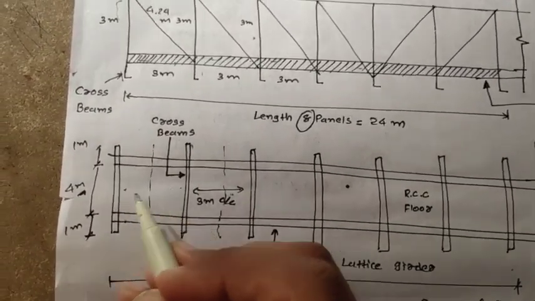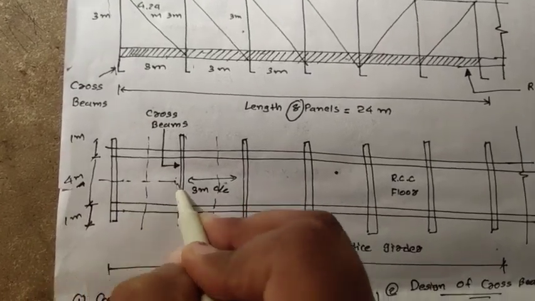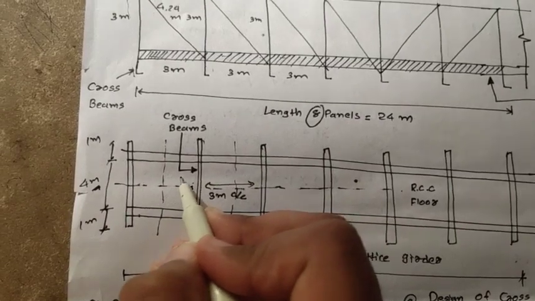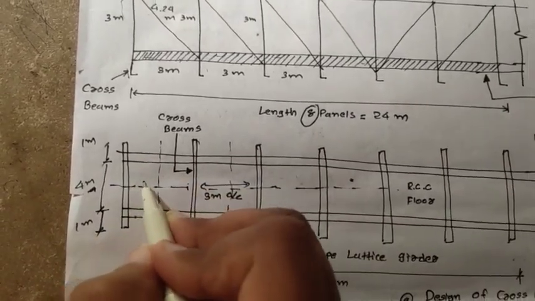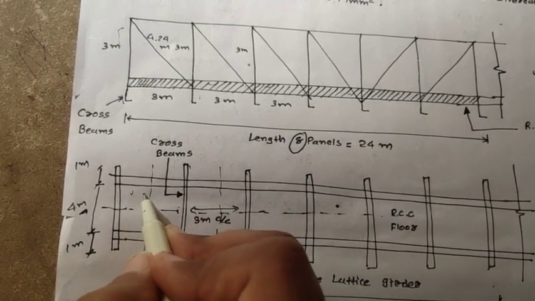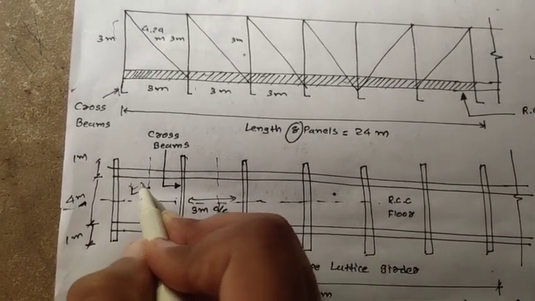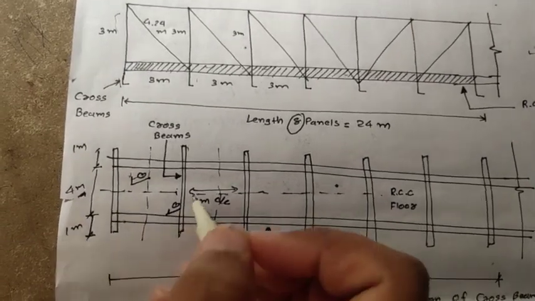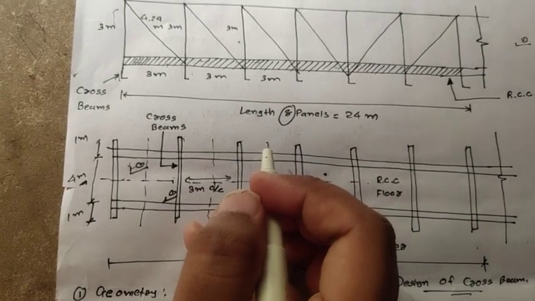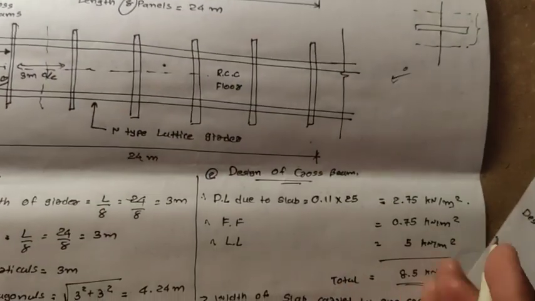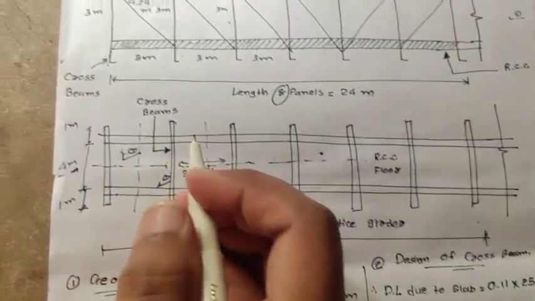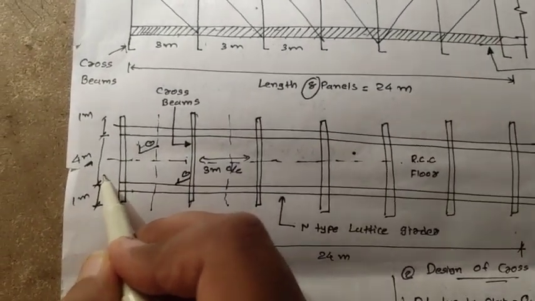Talking about the load distribution, I draw this dotted line. The load is distributed so that these cross beams carry either this slab or that slab. The dead load of the slab is 2.75 kilonewton per meter square, but for the width we take 4 divided by 2. Why?